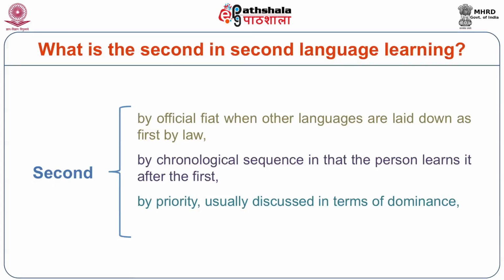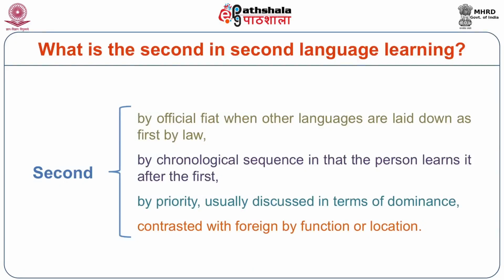It may be second by priority. If I am bilingual, I know both languages well, I have equal command over both. So whatever language we prioritize, the one we love to communicate in, is the first language, and the second language is by choice. So it is usually discussed in terms of dominance.